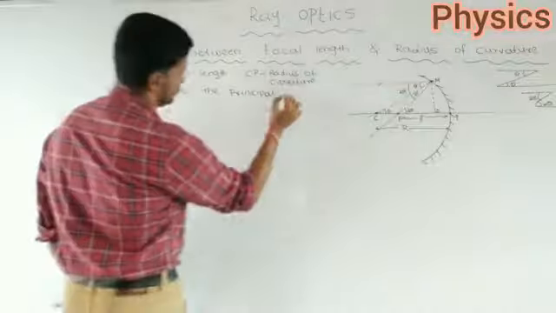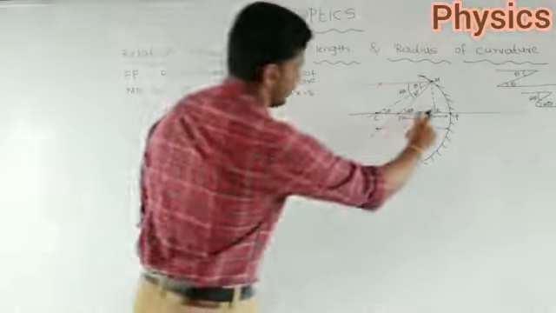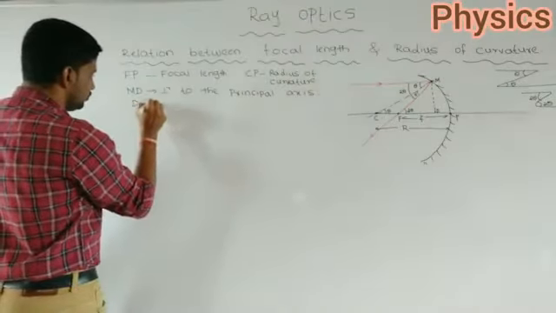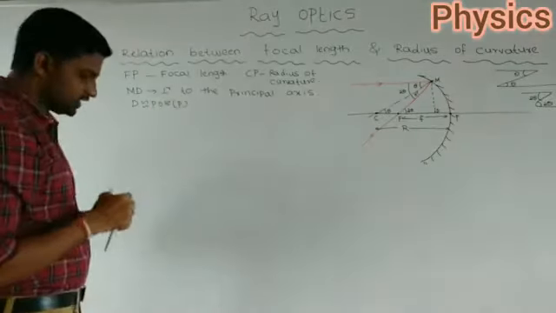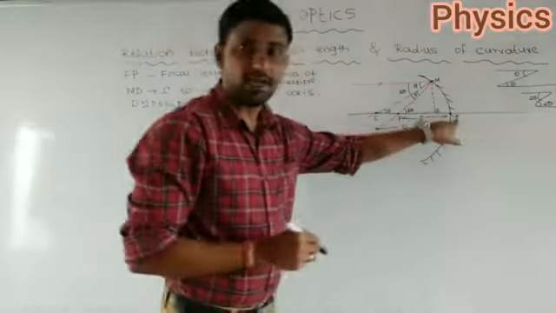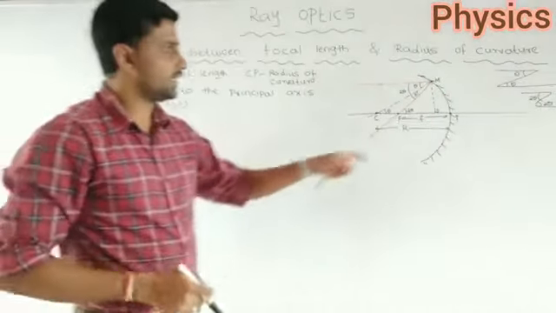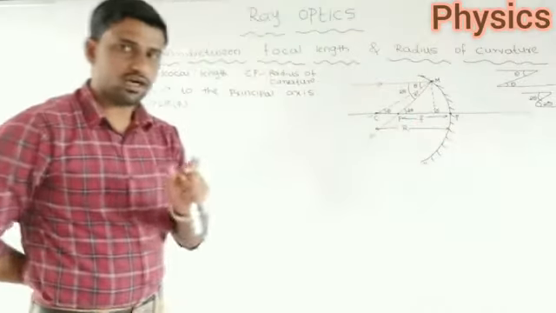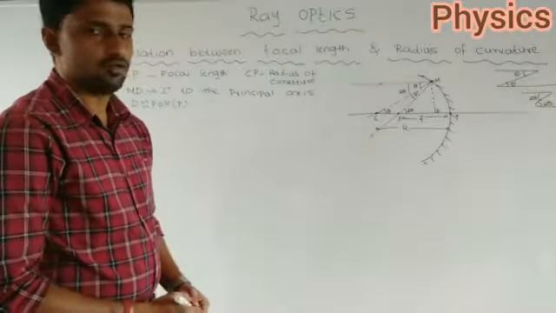And the point D is very close to the pole P. So instead of P, I can write D also. For the derivation purpose, I can write D instead of P, because they are very close to each other.